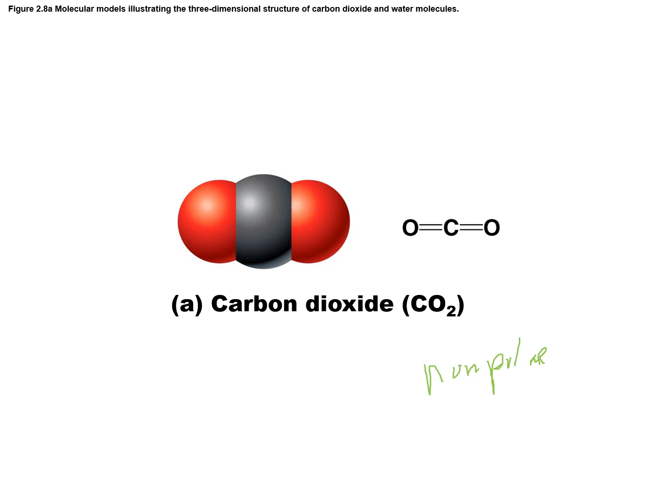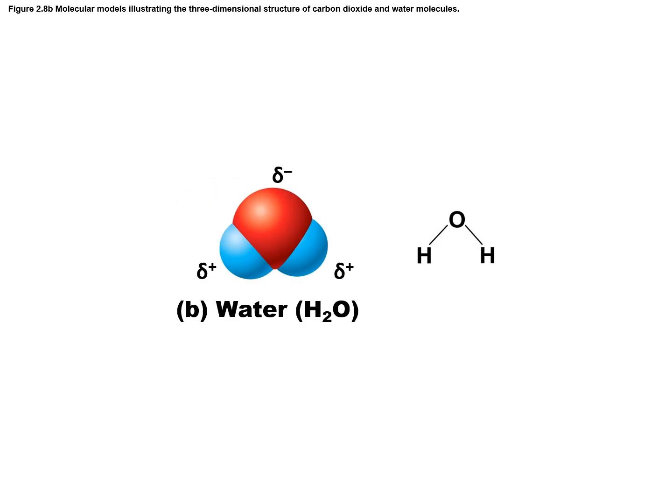Polarized would mean that you are separated on some axis, on some cleavage. Okay, and then this is water, where you can see these partial positive and partial negative charges here. Therefore, this would be a polar molecule, right? So water is going to be polar.